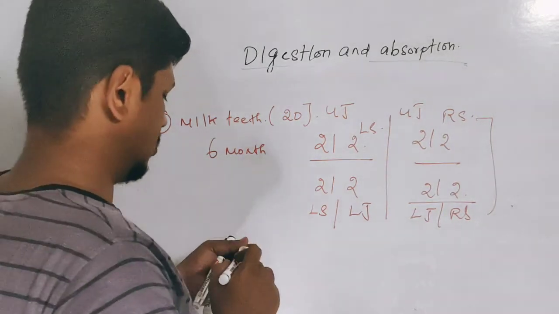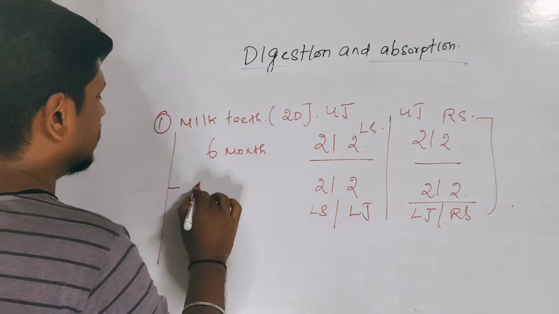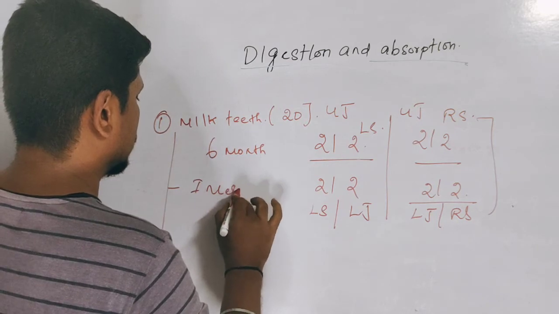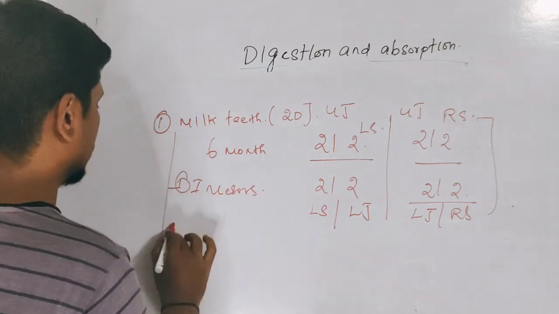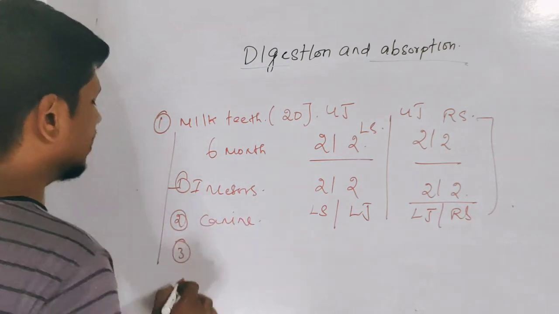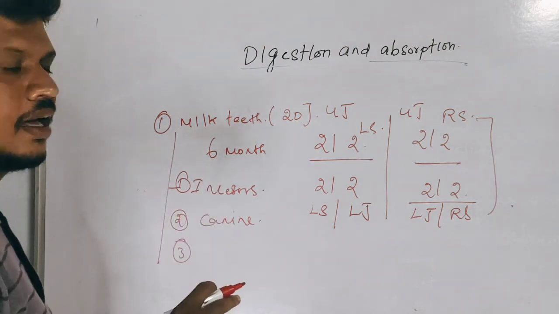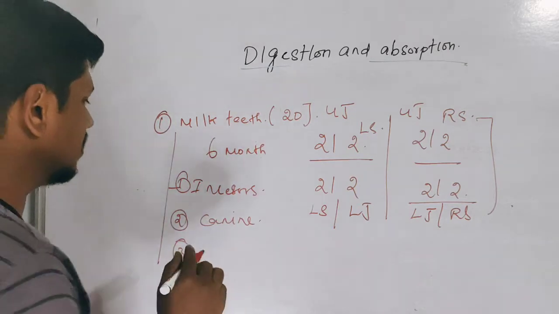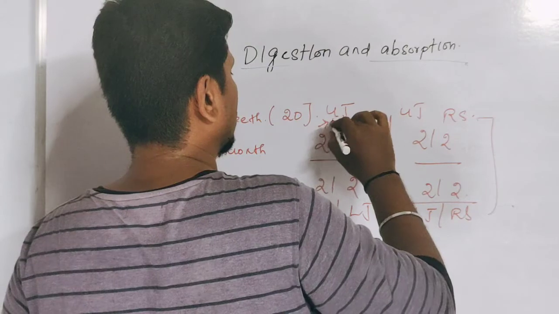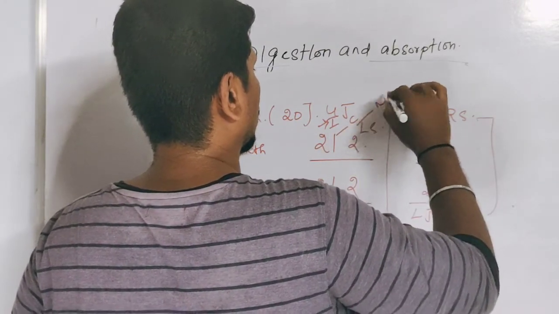Again, what teeth are present with respect to milk teeth? Incisors, canine, right? With respect to milk teeth, premolar teeth are not present. Instead, molar teeth alone are present. Which means this one is incisors, this one is canine, this one is molar.